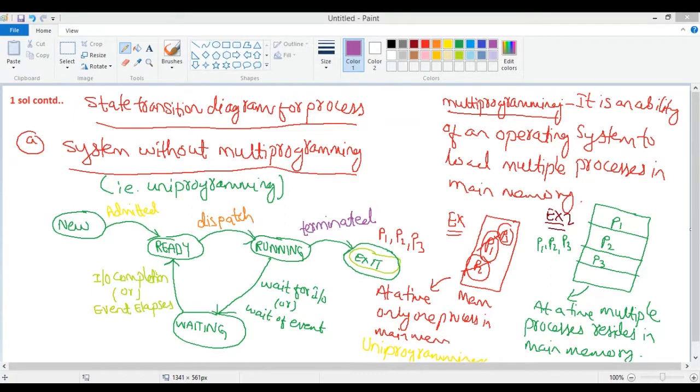I'll ask you another question. Can a process transit from running to ready state?